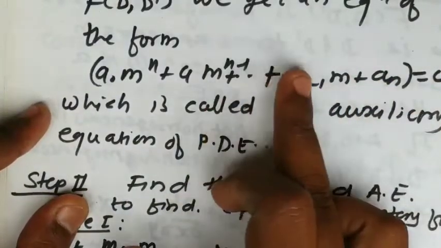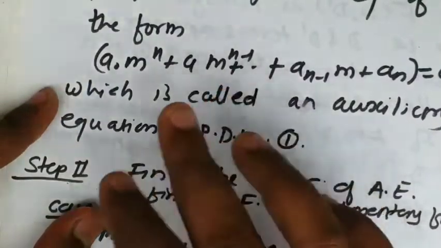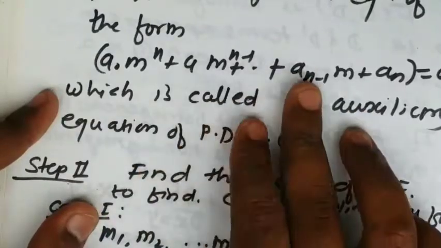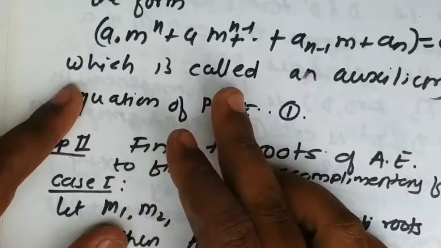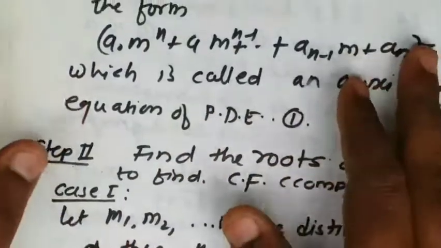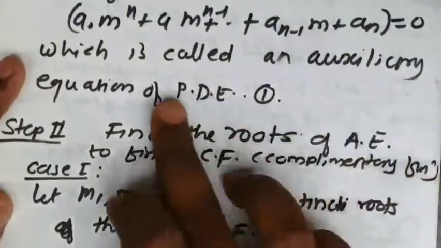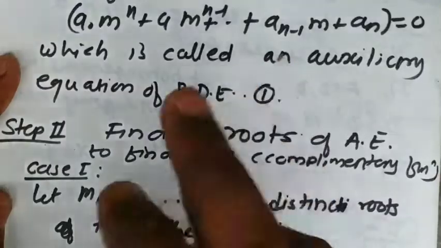A polynomial of degree n, whatever the degree of homogeneity is, that degree polynomial we will get here. Means the same as the order of the differential equation, the same degree of polynomial we get. And this polynomial is called the auxiliary equation of the given partial differential equation.